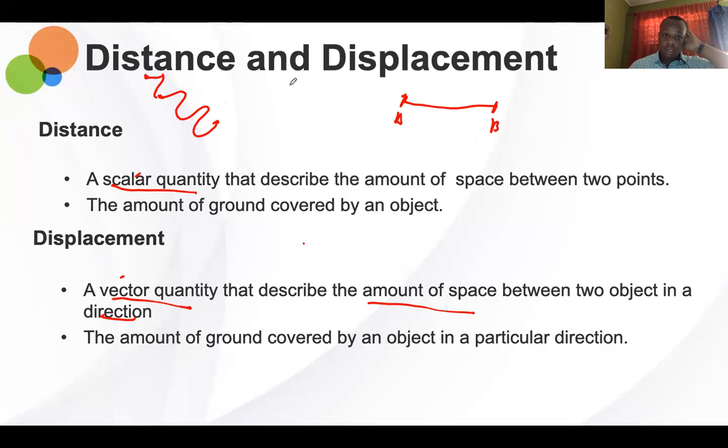On the other hand, displacement is a vector quantity that describes the amount of space between an object in a particular direction. So we now become more specific in telling somebody about the displacement. We said that a person travels 10 meters north or 40 meters south. So it's basically the amount of ground covered by an object in a particular direction.